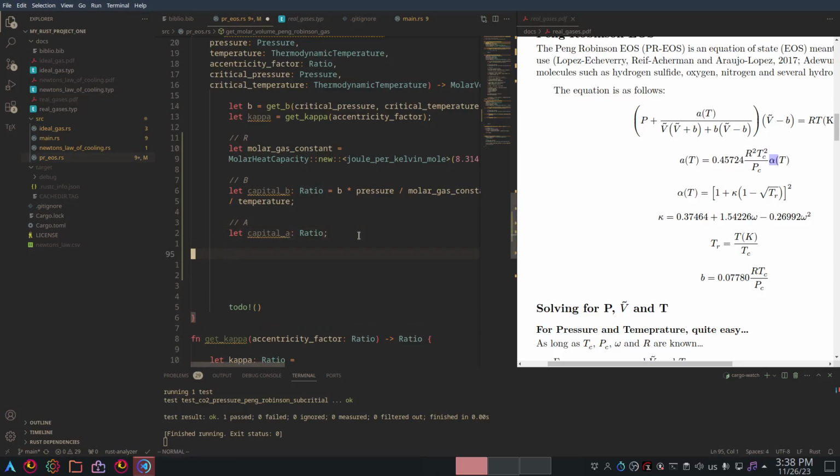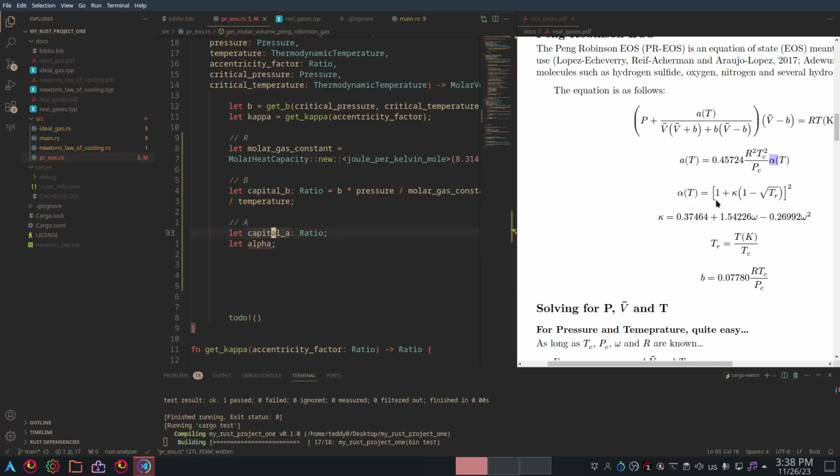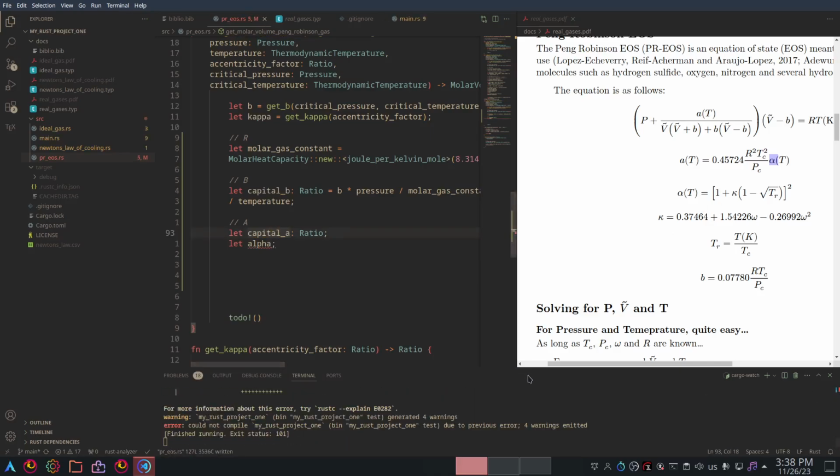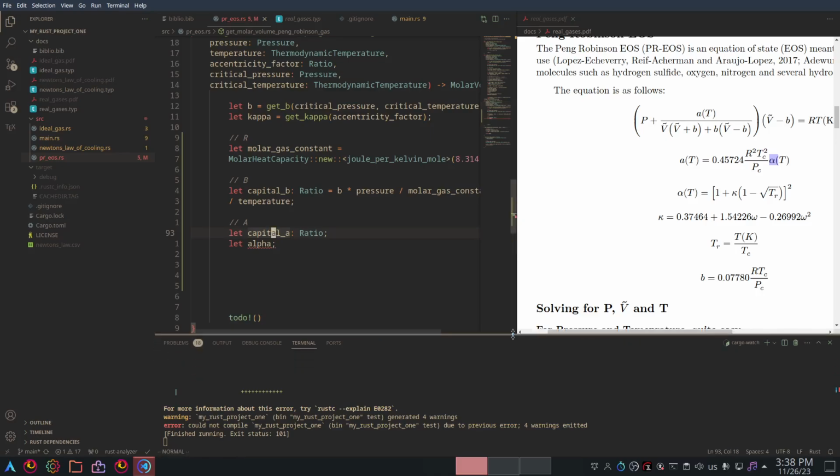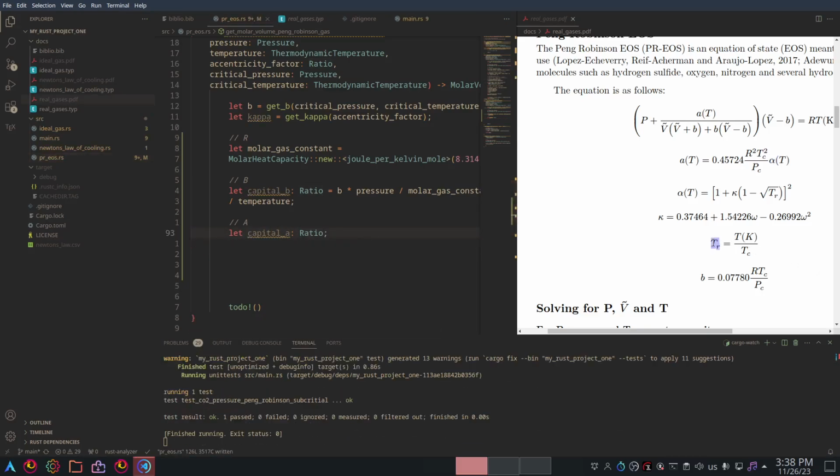So I'm just going to have this let alpha. So this is alpha, and there's a problem because I have not specified the type yet. The type inference will come later. Or maybe, instead of doing all of this, I'll get the reduced temperature first, because a of T depends on alpha of T. Alpha of T depends on the reduced temperature and also on kappa.